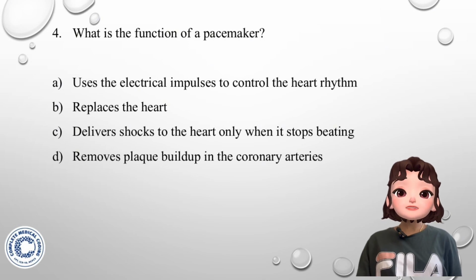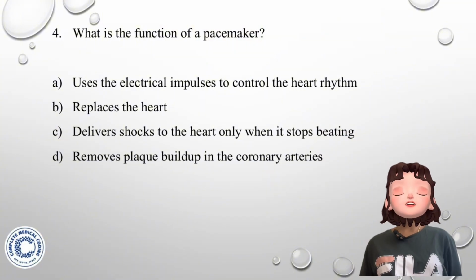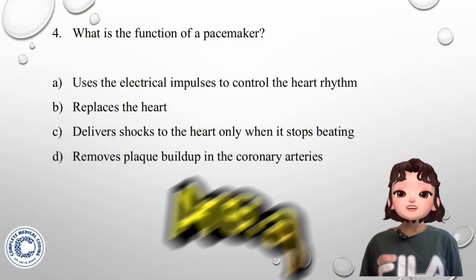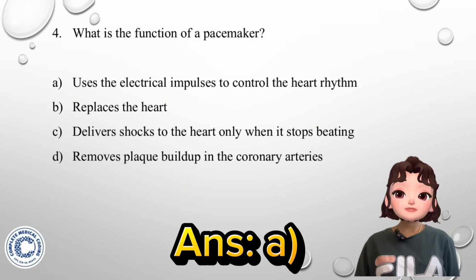Option B, replaces the heart. Option C, delivers shocks to the heart only when it stops beating. And option D, removes plaque buildup in the coronary arteries. As you already know, the answer is option A, uses electrical impulses to control the heart rhythm.